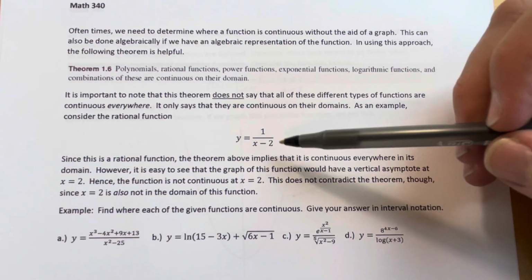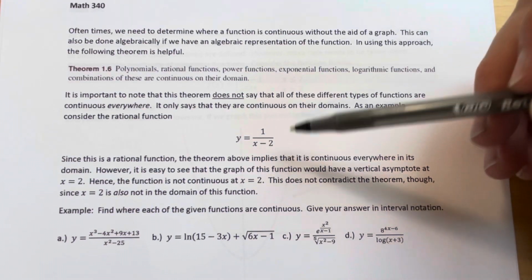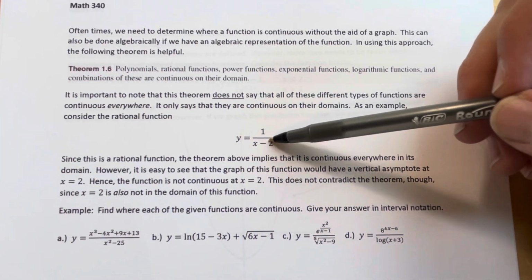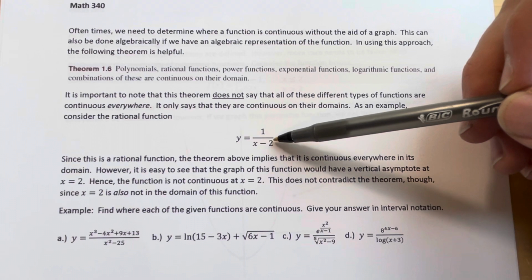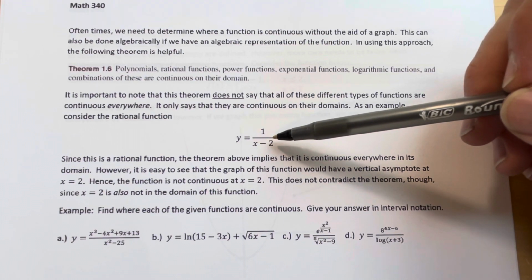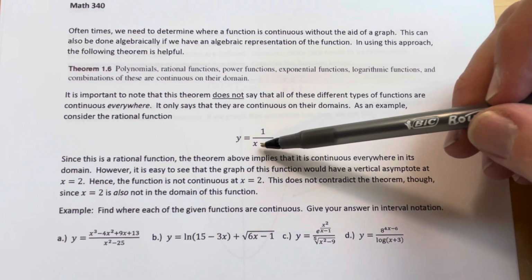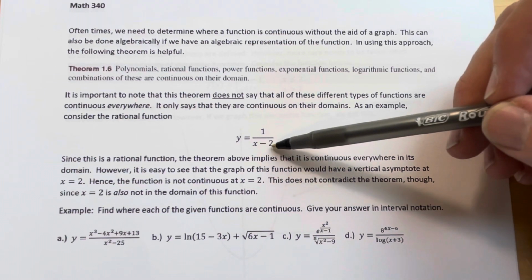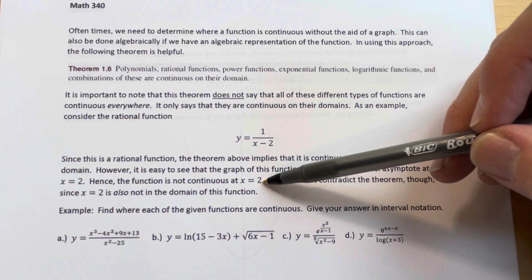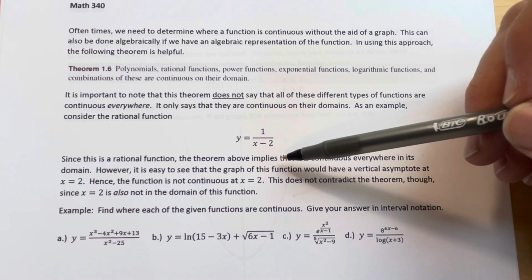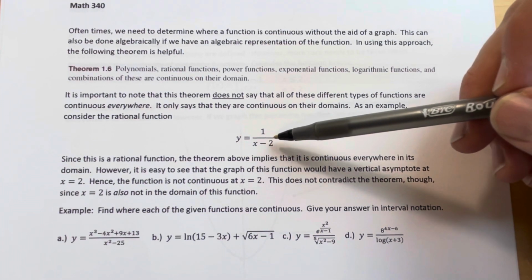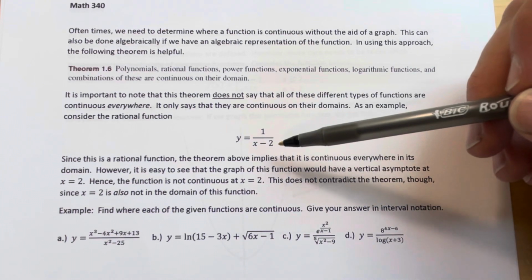Here's a different example, the function y equals 1 over x minus 2. This function is continuous everywhere on its domain, which is different from saying it's continuous for every value of x, because this function is not defined when x is equal to 2. I would be dividing by 0 in that case, and in fact, the graph of this function would have a vertical asymptote there.